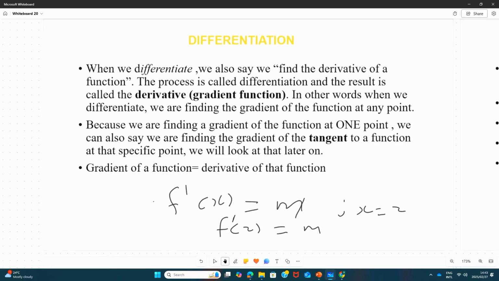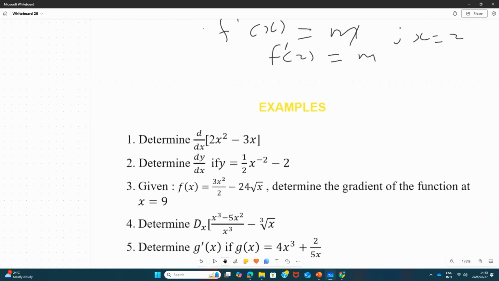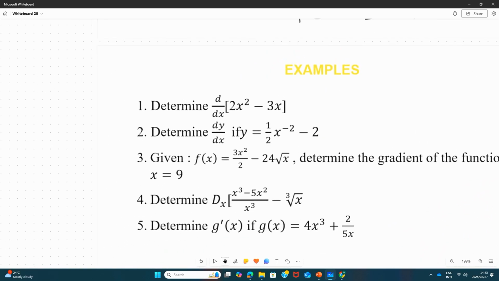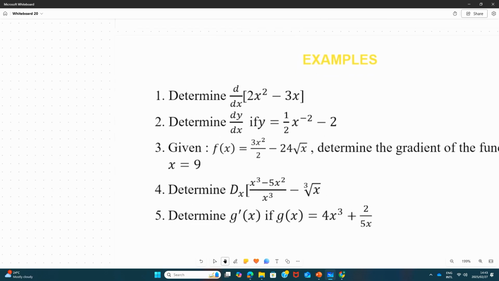But now we can look at just the examples on how you can differentiate. If you look here, example 1, the examiner will say determine d over dx of 2x squared minus 3x.